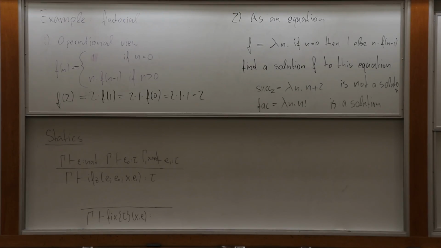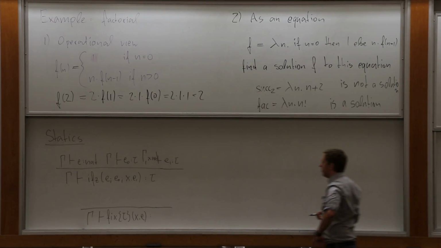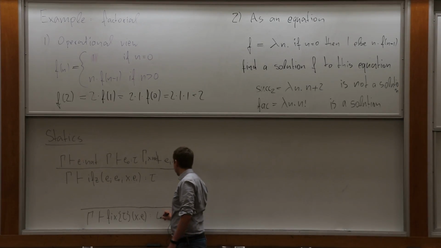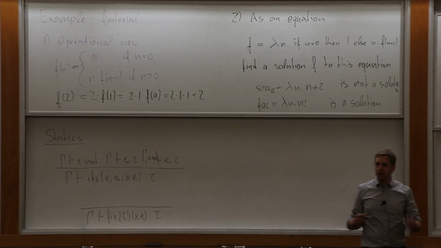Well, look at this example here. Here our tau is nat arrow nat. I said that the fixed point defines the factorial function in the end, which should have type nat arrow nat. So here the type of the whole thing is just tau, which there was nat arrow nat, but here it's tau.